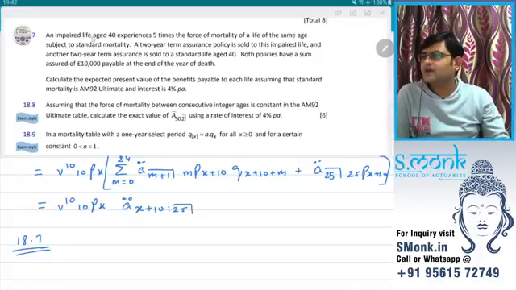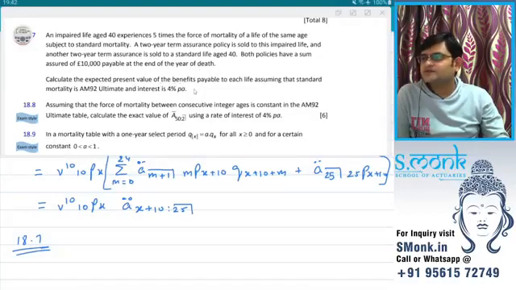An impaired life age 40 experiences 5 times the force of mortality of a life of the same age subject to the standard mortality. A 2-year term assurance policy is sold to this impaired life, and another 2-year term assurance is sold to a standard life age 40. Both policies have the sum assured of 10,000 payable at the end of the year of death.